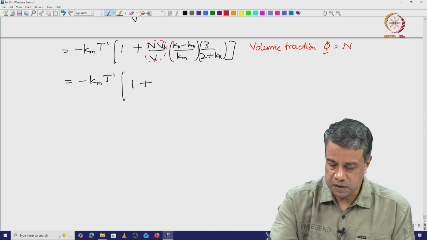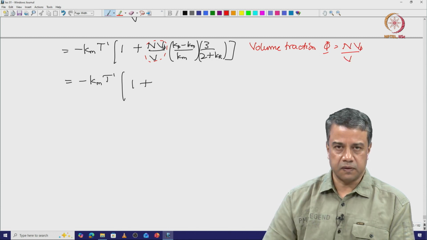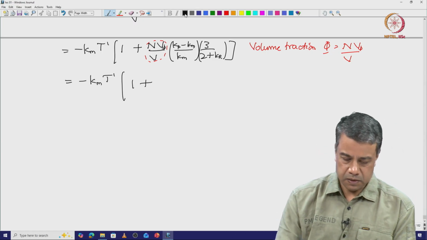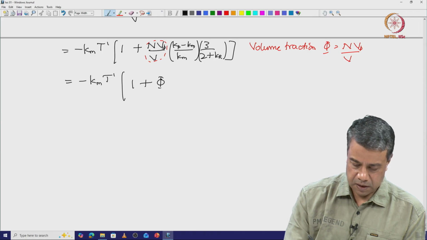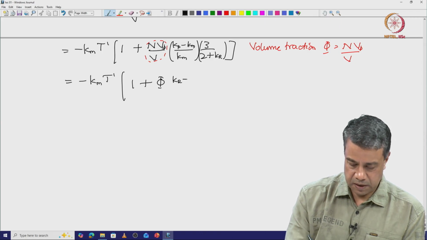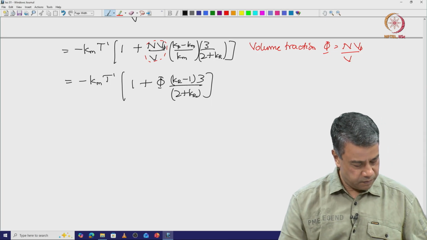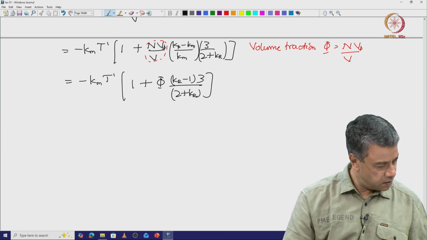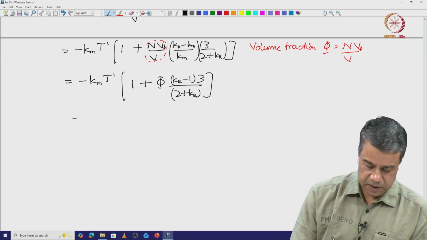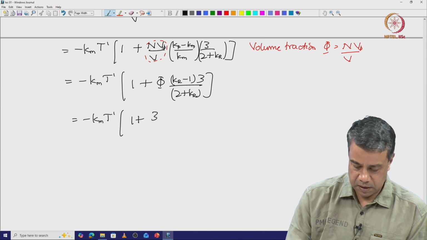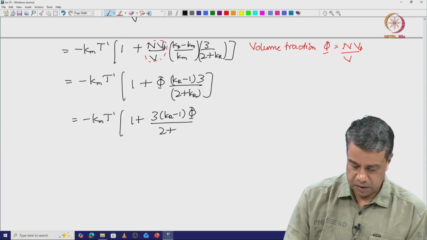The volume fraction phi is equal to the number of particles times the volume of each particle divided by the total volume. So, this will be the volume fraction times Kr minus 1 into 3 by 2 plus Kr. So, I can write this as minus Km T prime 1 plus 3 into Kr minus 1 phi by 2 plus Kr.